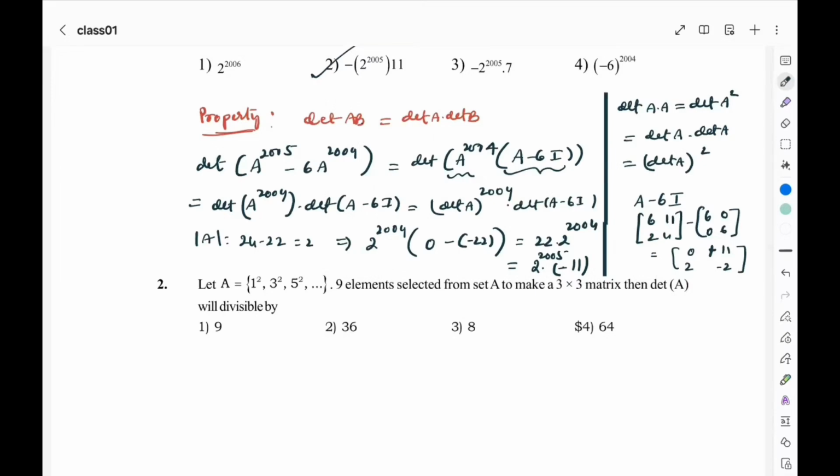Here is the second question: a 3 by 3 matrix, then that determinant A will be divisible by what?